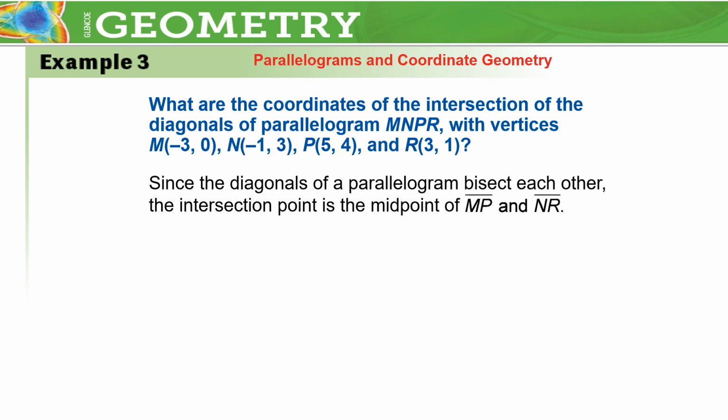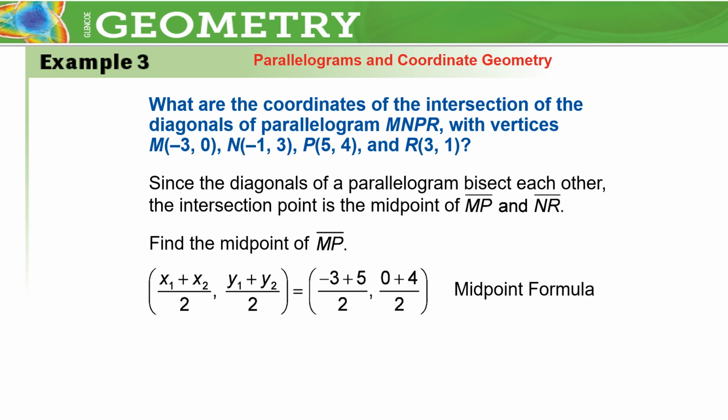MNPR, then your diagonals will be MP and NR. Find the midpoint. The rule of the midpoint: x1 plus x2 over 2, y1 plus y2 over 2. Then negative 3 plus 5 over 2, 0 plus 4 over 2. Your midpoint will be (1, 2).